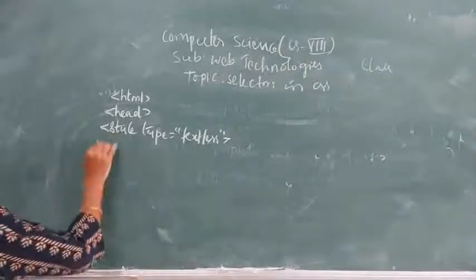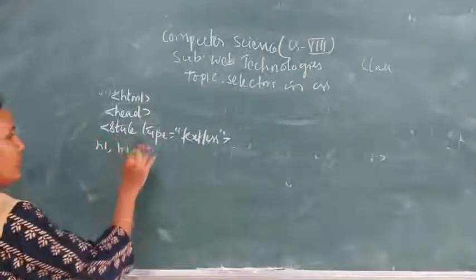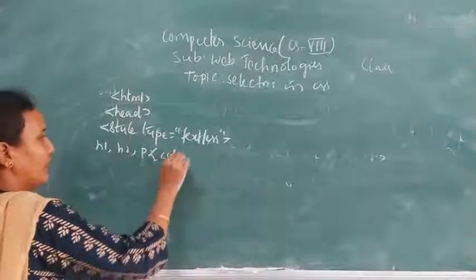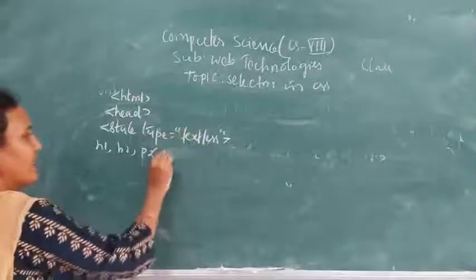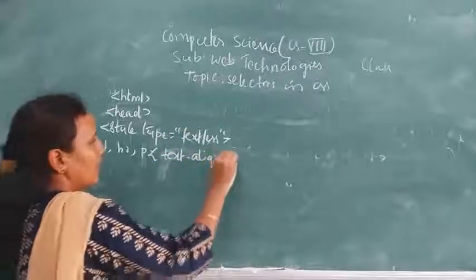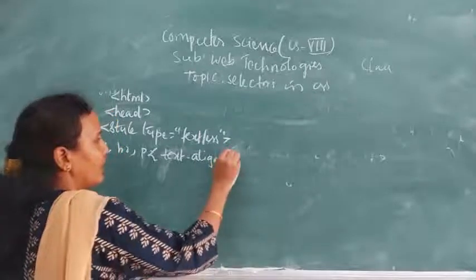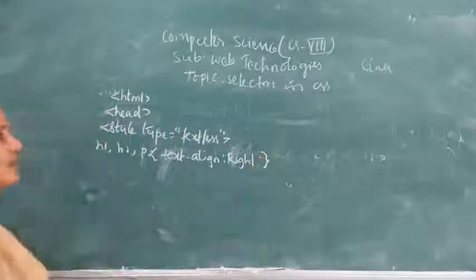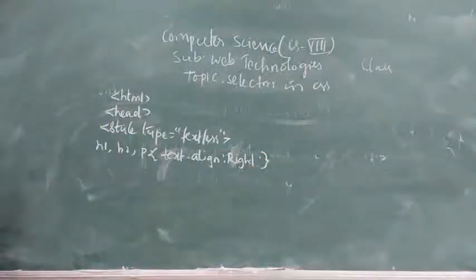Next, H1, H2, H3. I want to give a color, or you give a text align: blue, text align right. So in all these, the text will be displayed on the right side of the document.